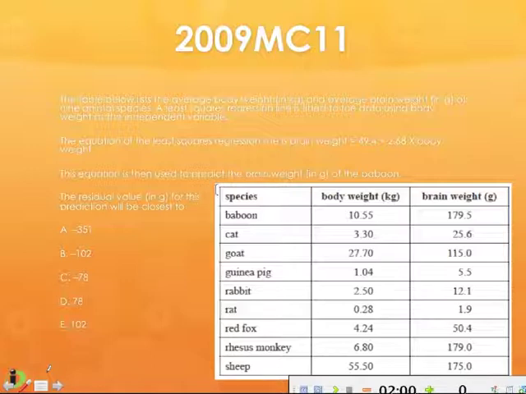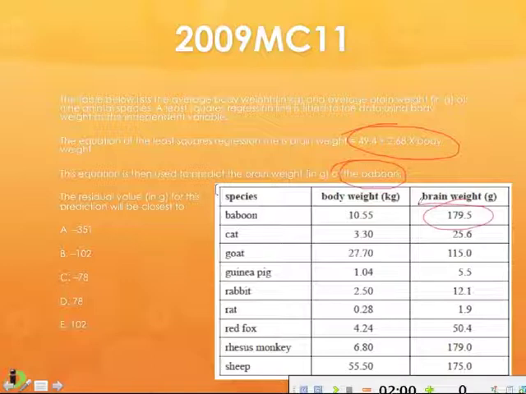They've given you the equation, and then they're predicting the baboon. You have the original value for the baboon.